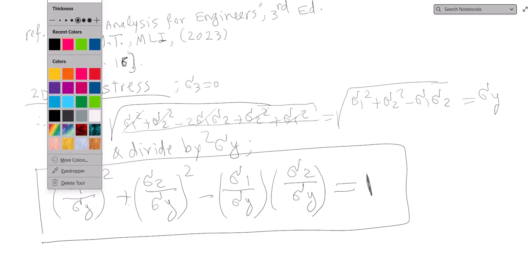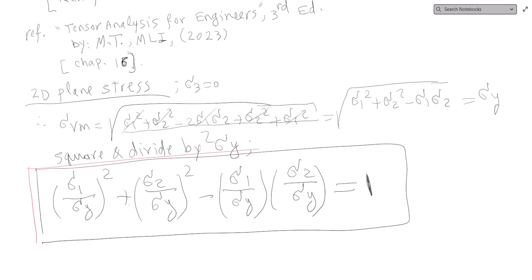So in 2D, this is the von Mises criteria.